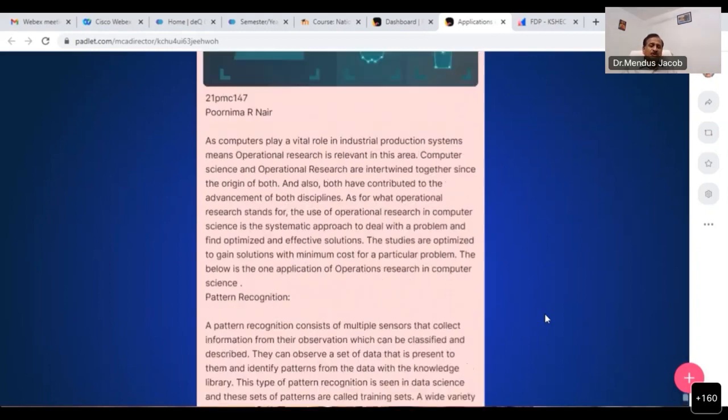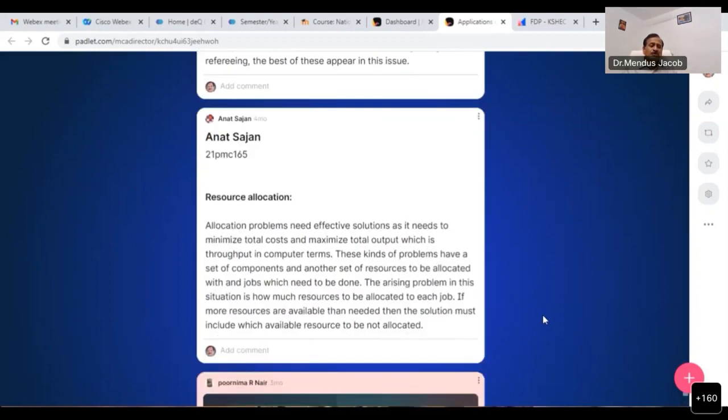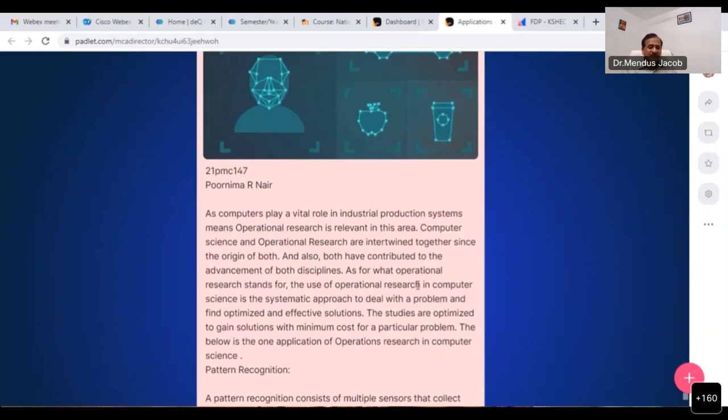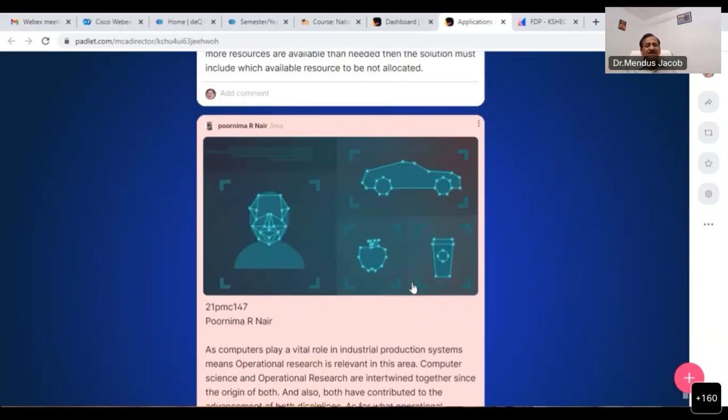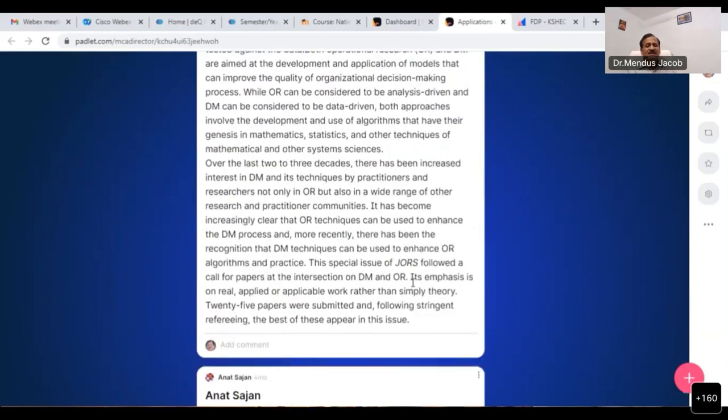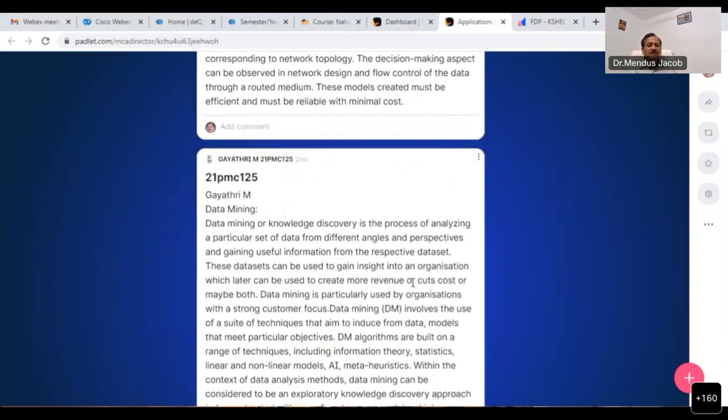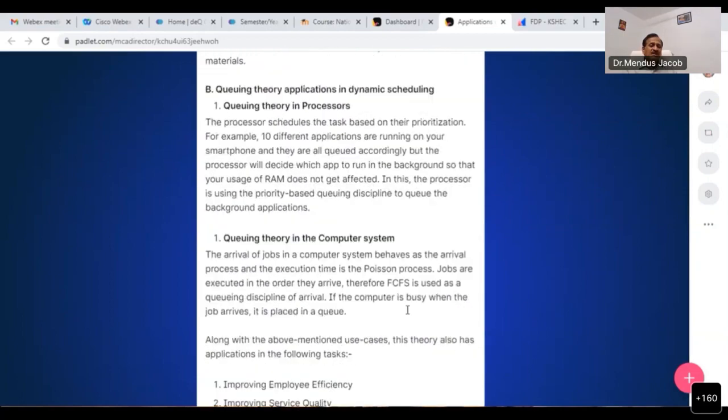The second student who has to submit definitely goes through all the submissions. Then only that student can submit a new one, because he or she cannot copy an already submitted assignment. In that way, we can avoid the copying.